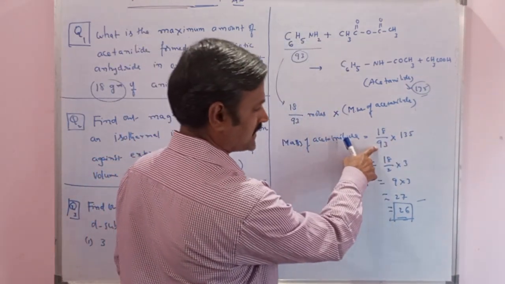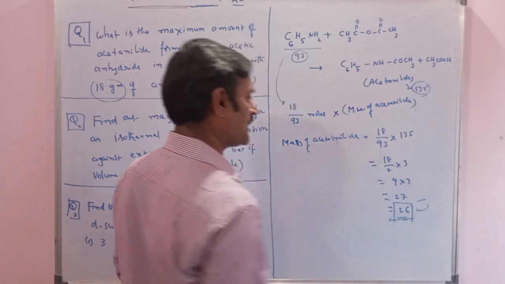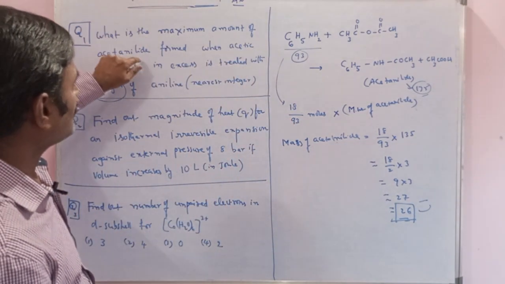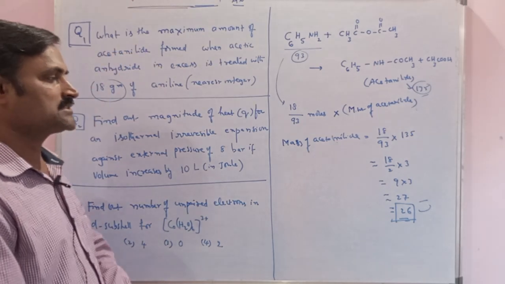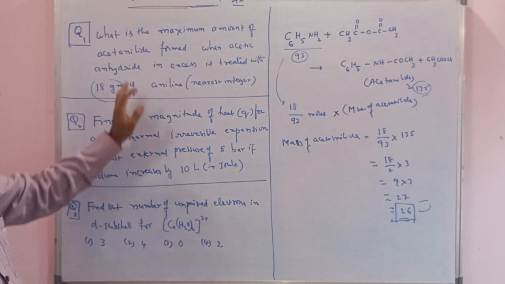As 93 is taken here, we have considered 90 for calculation. So 26 is the right answer for the maximum amount of acetanilide formed in this reaction. That is the integer type of question which they have asked in this exam.